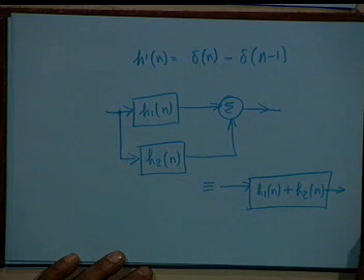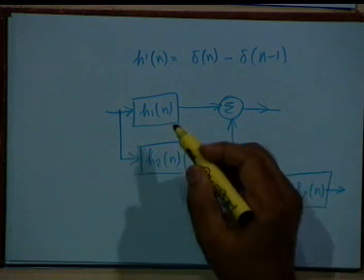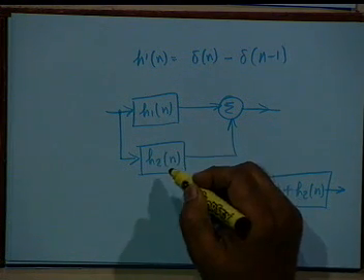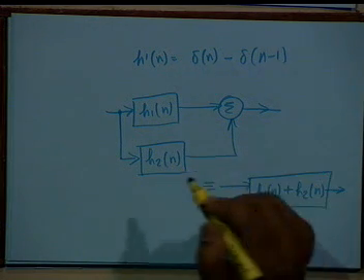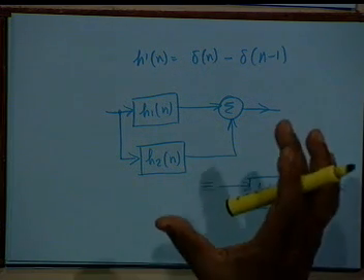This system is very important in practice because it enhances the speed of processing. When H1n is dealing with the signal, simultaneously H2n is also dealing with the same signal, and therefore if a complicated system, if a high order system is broken up into simpler systems and connected in parallel, then the speed of processing goes up.